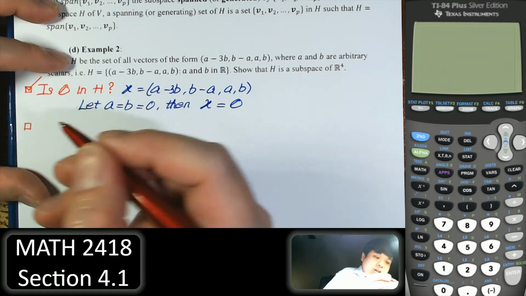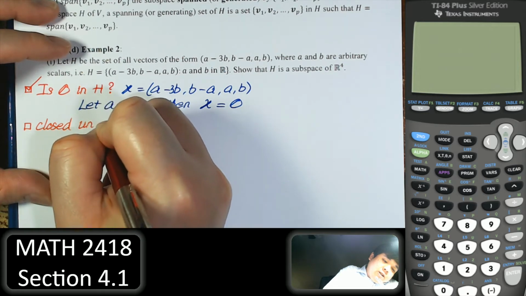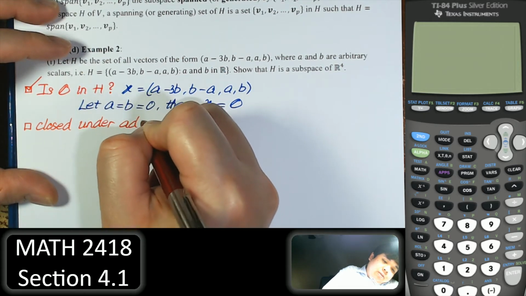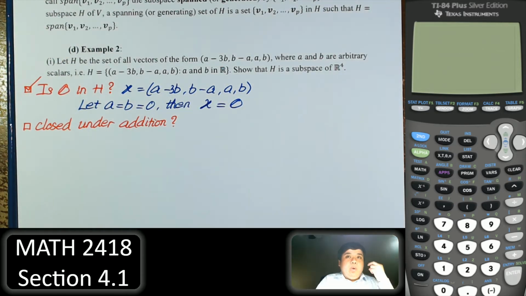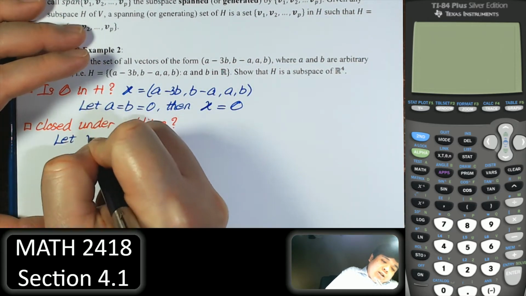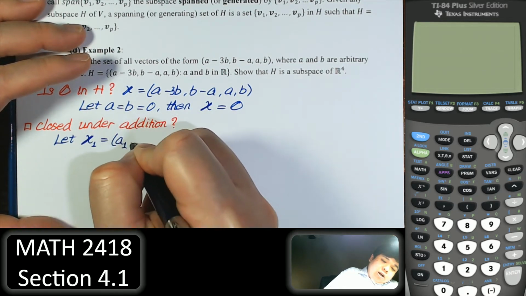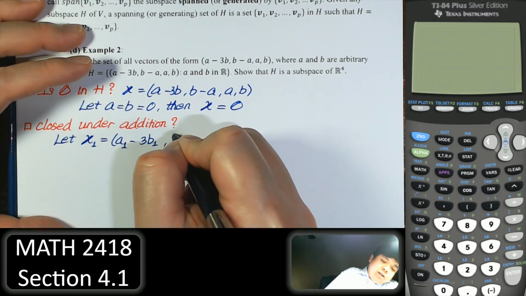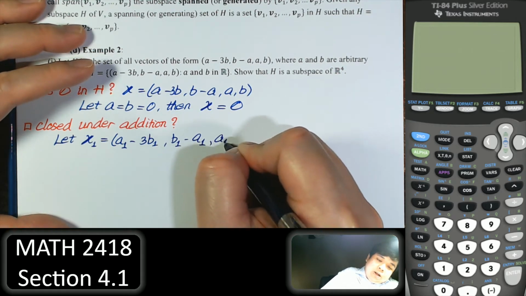Next, is it closed under addition? Right. So in that case, we're going to take two random elements in H, add them to see if the result is still in H. So we say let x1 be (a1 minus 3b1, b1 minus a1, a1, b1).